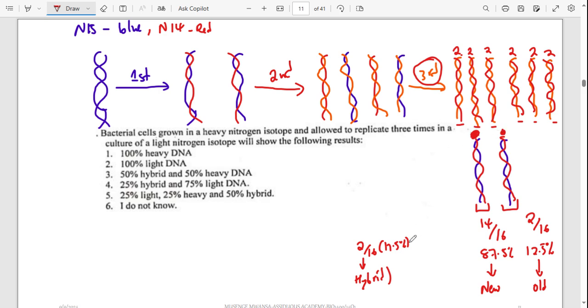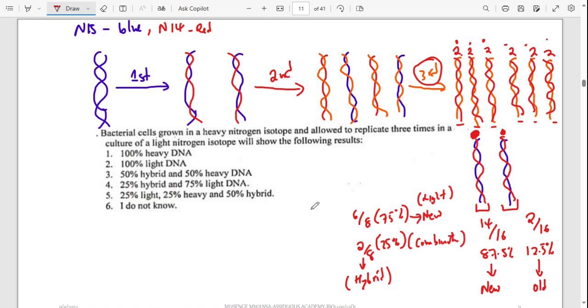So it is 2 out of 8, not 16 now, because I'm not counting individual strands. And this is 25%. This is a hybrid. And then we have got these 1, 2, 3, 4, 5, 6. So 6 out of 8. That is 75%. These are new strands. They are not hybrids, completely new. They have got light nitrogen alone because they are red. But these guys have got a combination. These 25% have a combination of heavy and light.